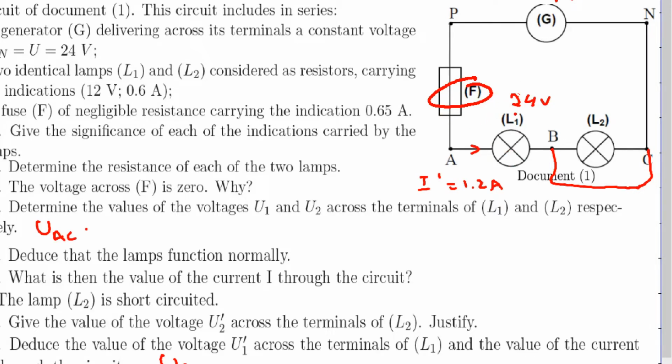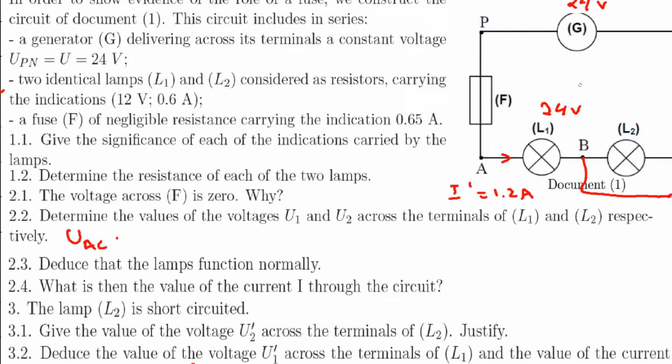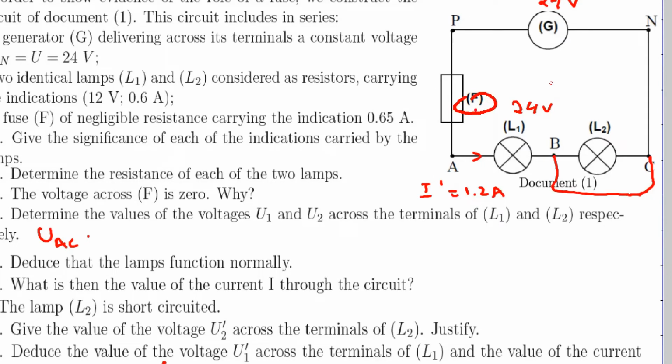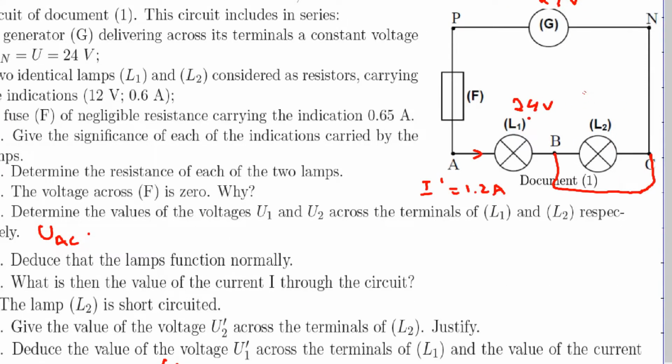So although the lamp may burn out, at the same time the fuse will cut off the circuit, because the response of the fuse is much faster than the burning out of the lamp. As soon as the lamp starts to function strongly due to the high applied voltage compared to the rated voltage, at that time the fuse will respond much faster and cut off the circuit directly.